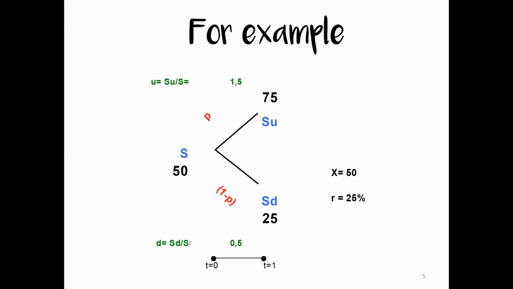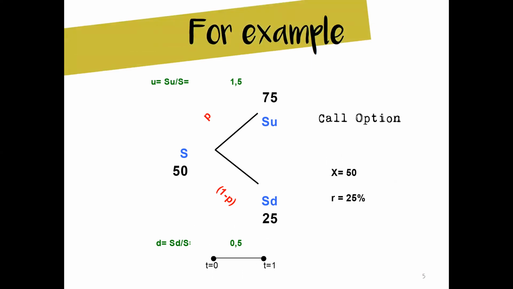For example, let's consider this option. This is a call option where the underlying asset's price today is $50, but it could go up by 1.5. We simply multiply. This is the upside movement, 1.5. So 50 times 1.5 is 75.